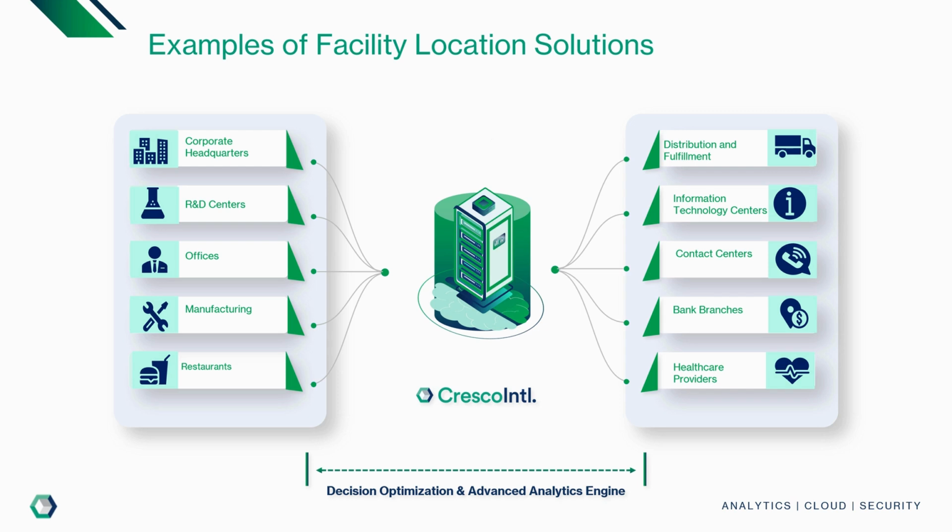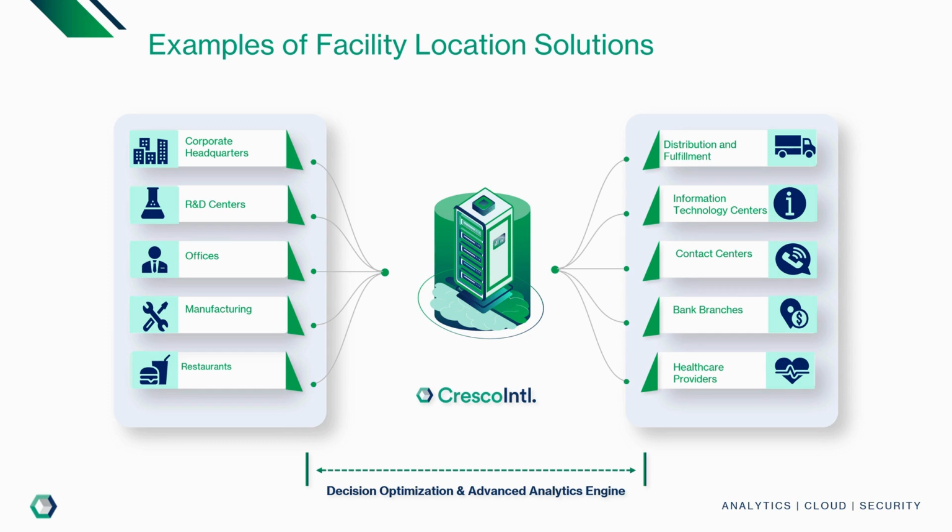For contact centers and back office operations, labor availability and costs are critical, along with factors like economic stability, language skills, cultural compatibility, and telecom infrastructure. For R&D centers, STEM worker availability is key, along with proximity to major research universities, tech company clusters, and VC funding resources.